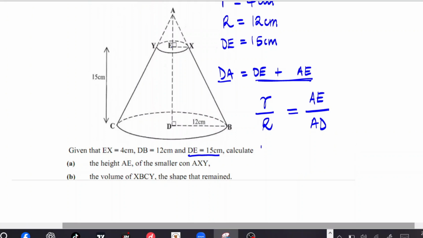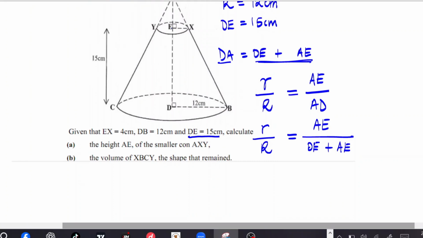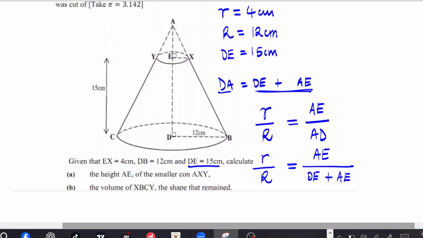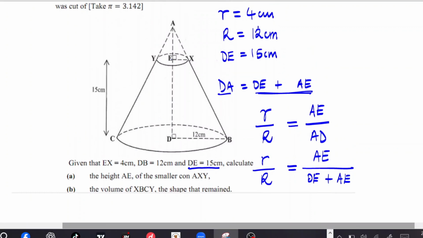So, okay, let's maintain small letter r over capital letter R is equal to AE over DE plus AE. Then what are we going to do? We'll substitute, because small letter r is 4.